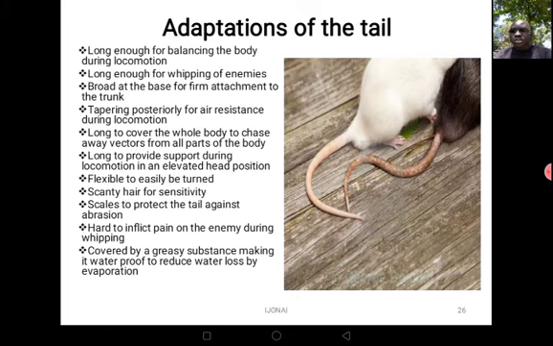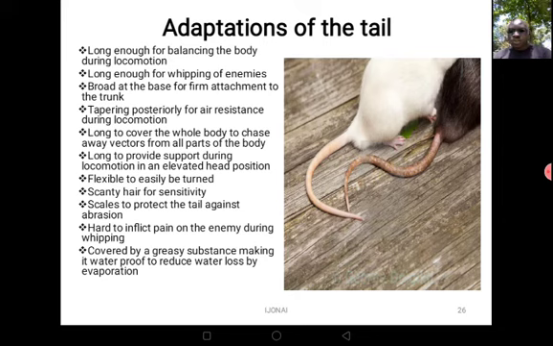And then it is broad at the base for firm attachment to the trunk, and then tapering posteriorly for air resistance during locomotion. So when it is moving, it is easier to slip. It is tapering posteriorly. Even if you catch it, it can easily slip away from you.